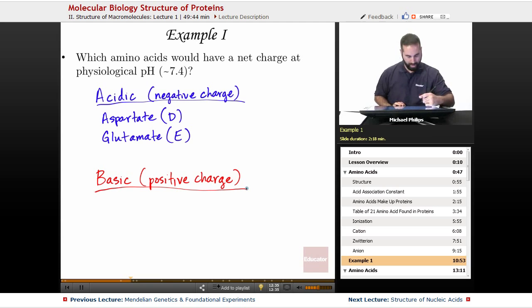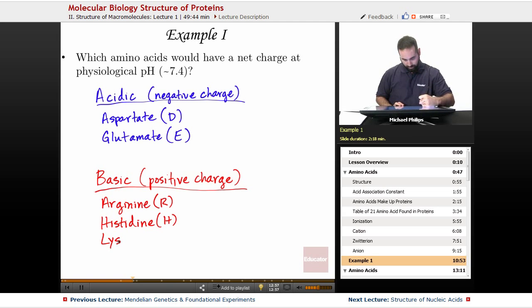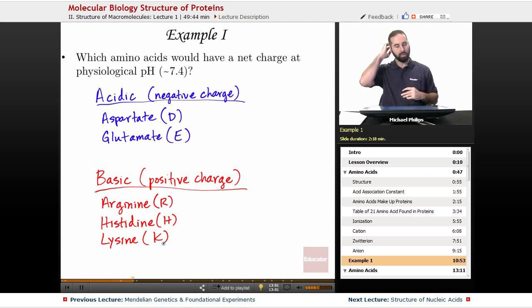So we have arginine, that is R. We have histidine, and we have finally lysine, and that's a K. All right, so those are the only 5 amino acids that will have a net charge at physiological pH.